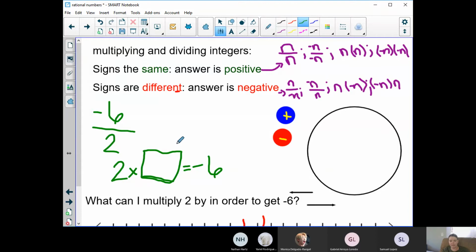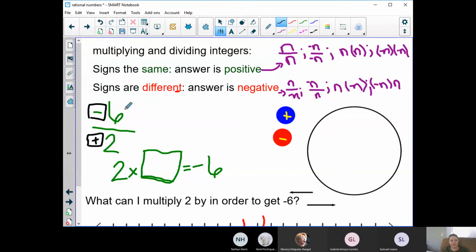Yariel, why -3? Right. So you see how my numerator is a negative, but my denominator, I know we don't write the sign, it is a positive.